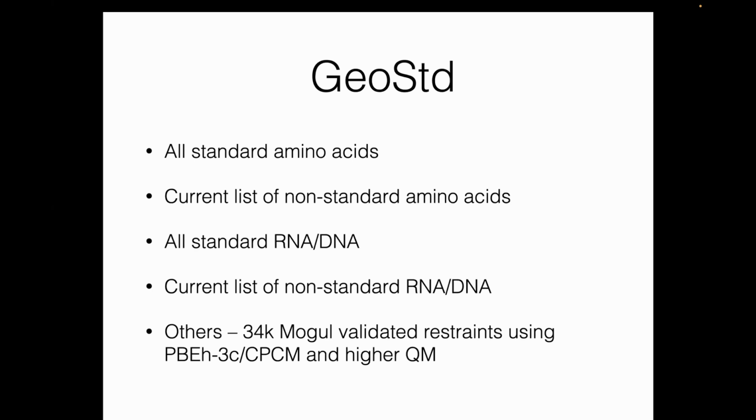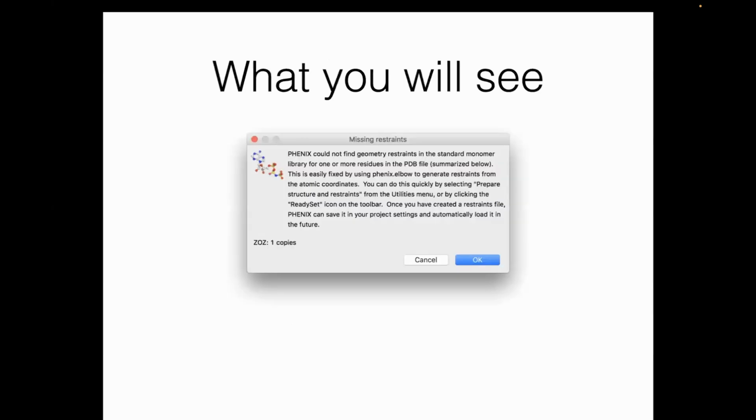So as soon as an entity gets put into the PDB, it goes into the Ligand Expo or something like that, the restraints will be calculated, generated, and validated with Mogul. So there's going to be less and less use of generating restraints for some of the more standard things.